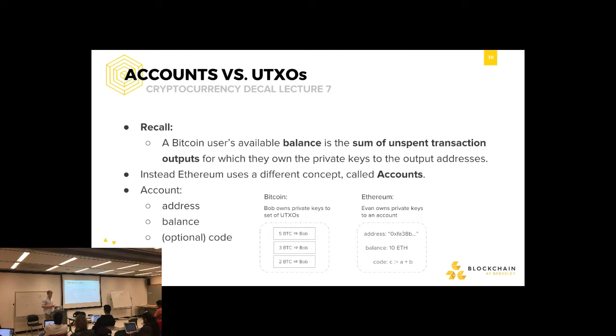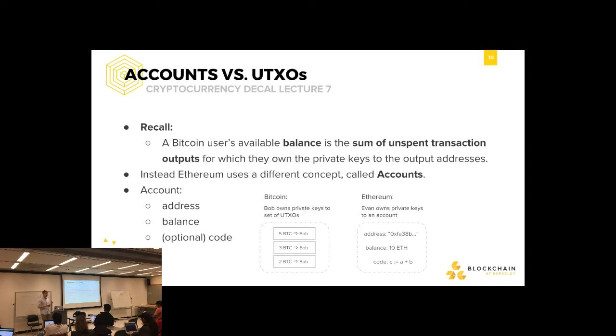So previously I mentioned that Ethereum relied on an account-based model as opposed to a UTXO-based model. What I mean by account-based is essentially a single entity on the Ethereum network, like me, for example, has an account. And that account has some balance of Ether, and an address by which you identify that account.